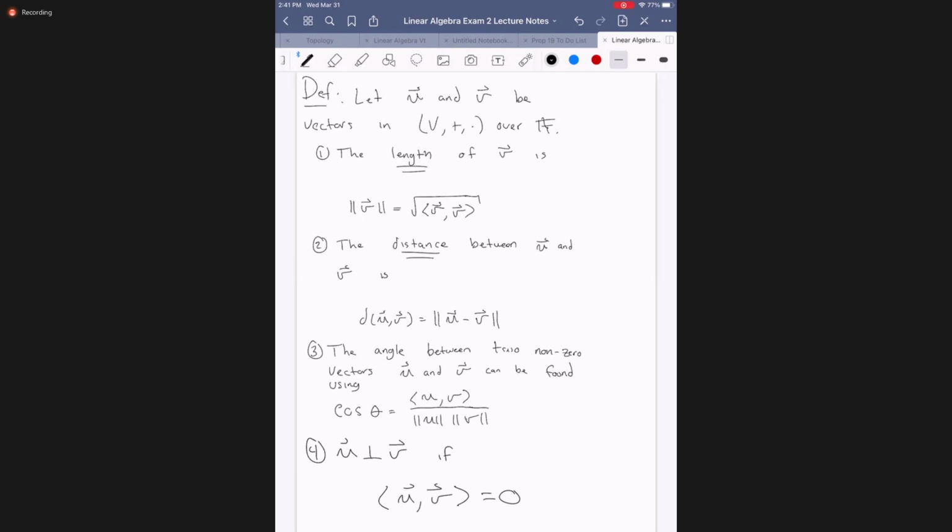So now you know what it means to be a distance away from another vector, the length of a vector, an angle between two vectors, and what it means to be 90 degrees from each other, in the more general sense, not just vectors in Euclidean space anymore.